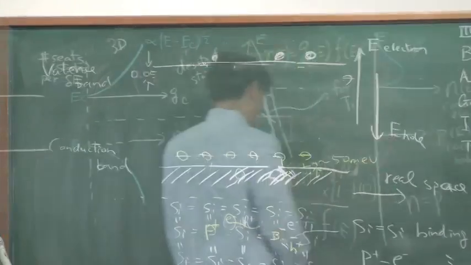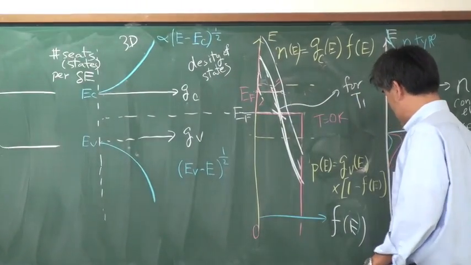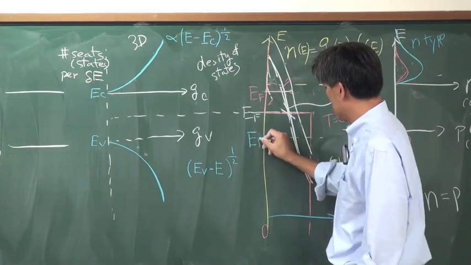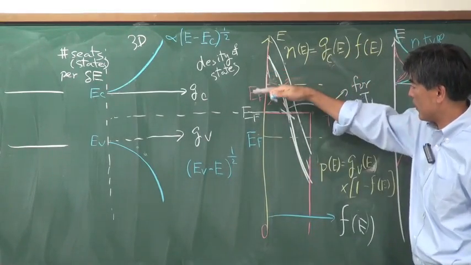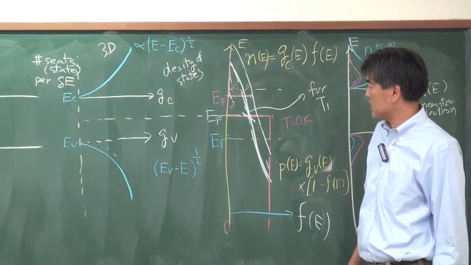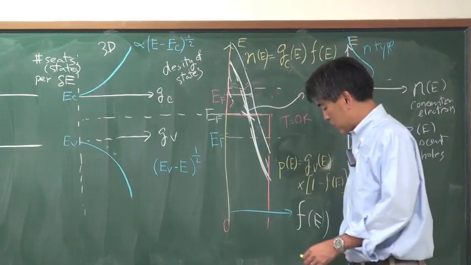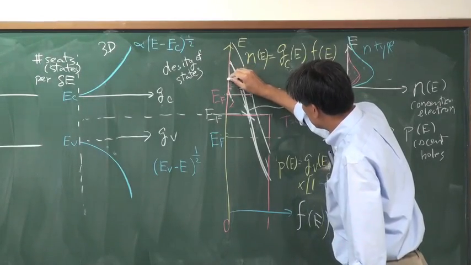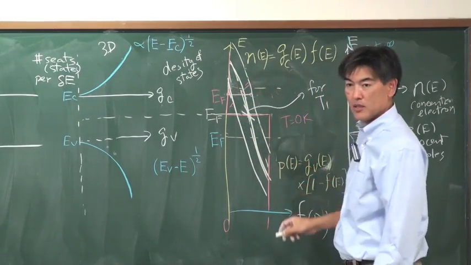Therefore, the Fermi level is shifted to somewhere here, close to the valence band, right? The Fermi level is close to the valence band, so this white line is shifted like this. Now it's parallel, but it's shifted like this.